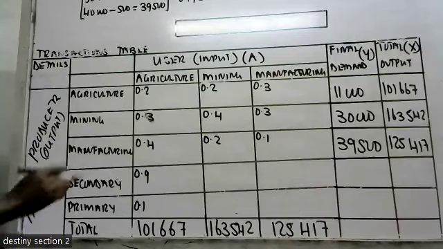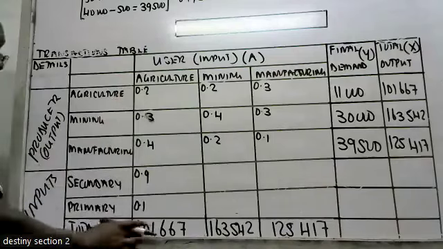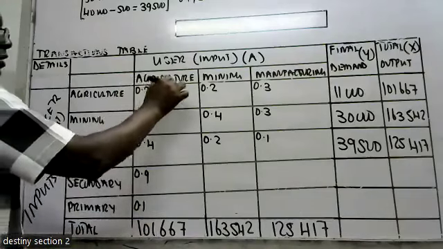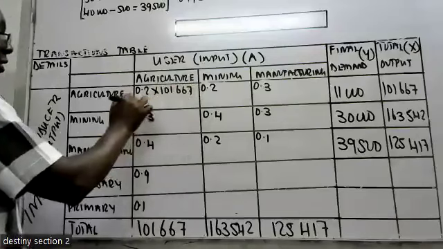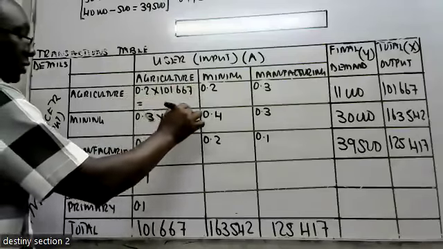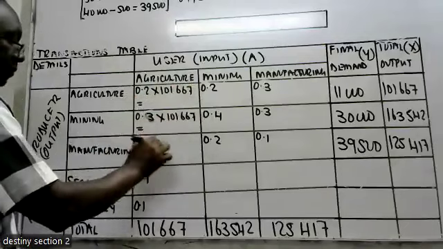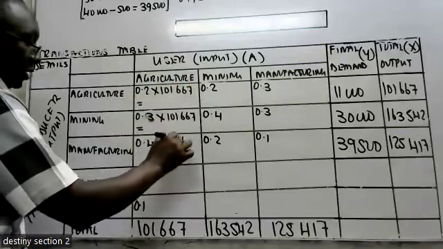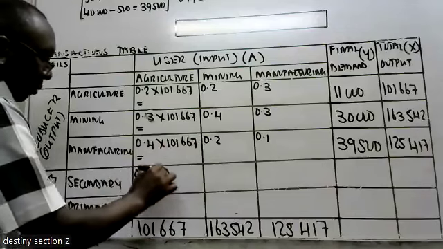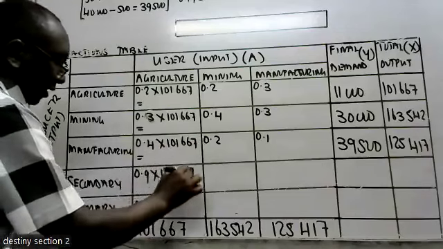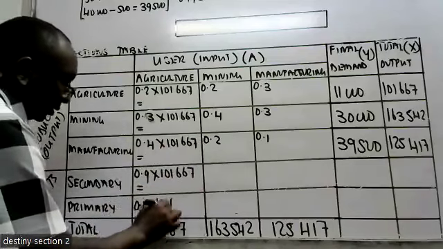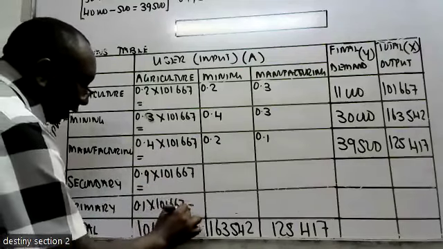Now, to get the answers, we shall multiply with this. Here I multiply by 101,667 and get the answer, and the same for each of the cells in this column.